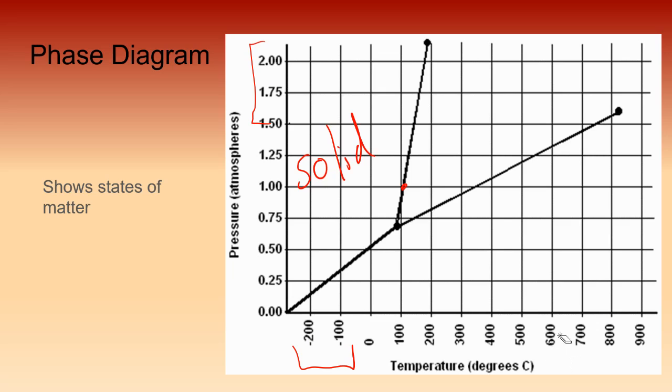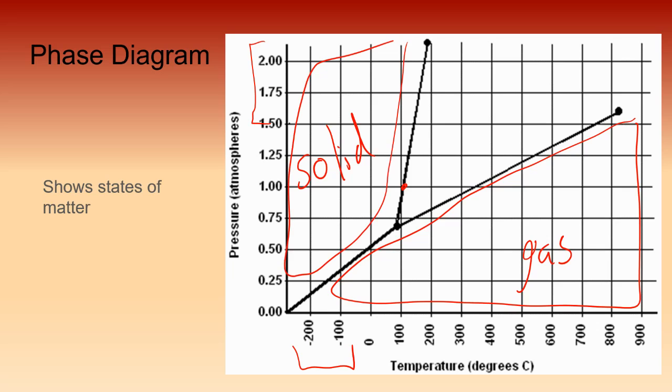When you have very high temperatures, so the particles have lots of energy, and very low pressure, so plenty of space for them to spread around, that hopefully makes sense as the gas area. Everything in this little area here is where that substance would be a gas. Everything in this little area here is where that substance would be a solid. And guess what happens between solid and gas? You have liquid. So that area in between is where liquid happens.